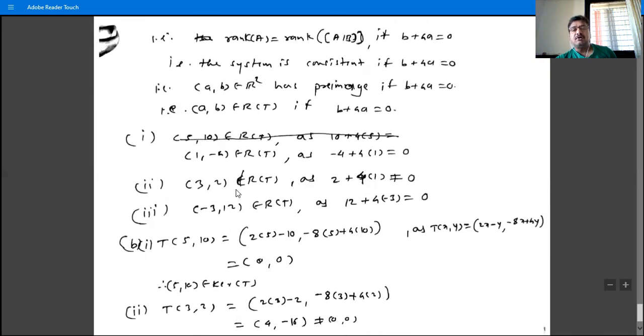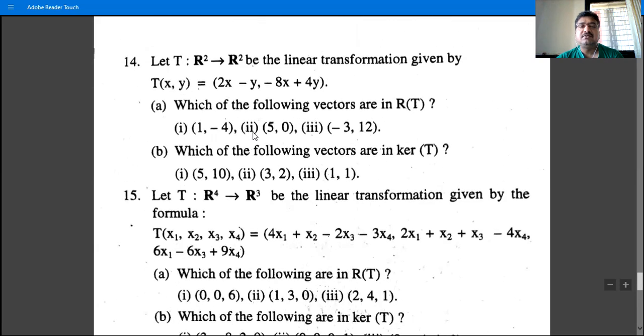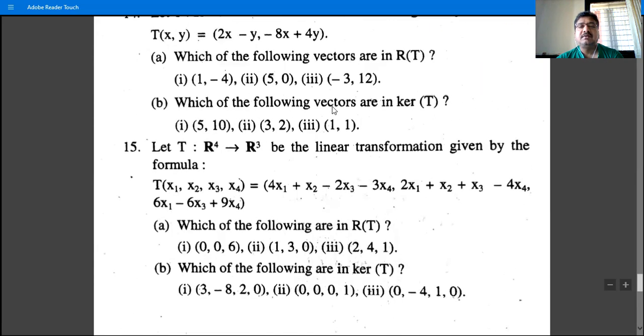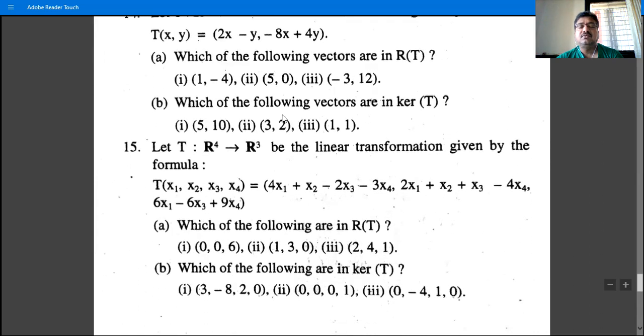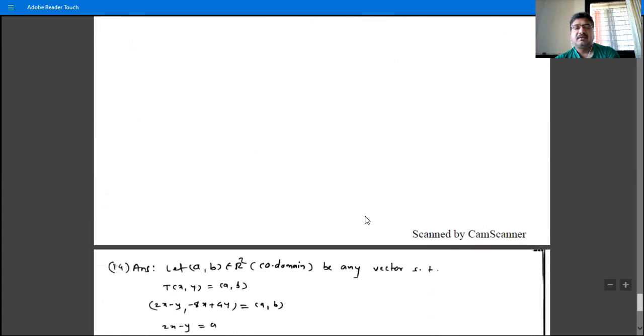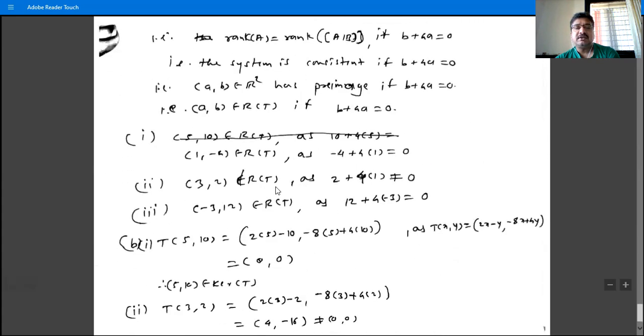(3, 2) does not belong to R(T). Suppose (3, 2) is the element.